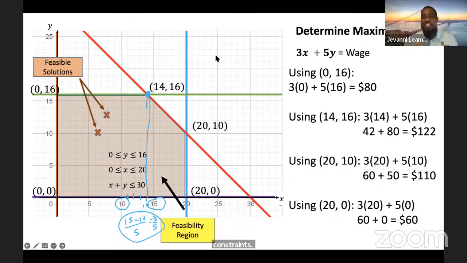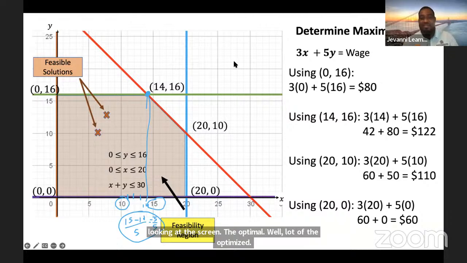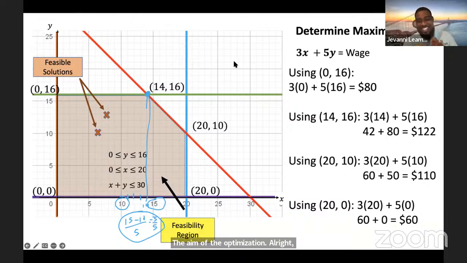Let's see if anyone was listening or paying attention or looking at the screen. The optimal... the aim of the optimization. All right, solution of what? Of the constraints. All right, good. He said it already. So it's an optimal solution, right?